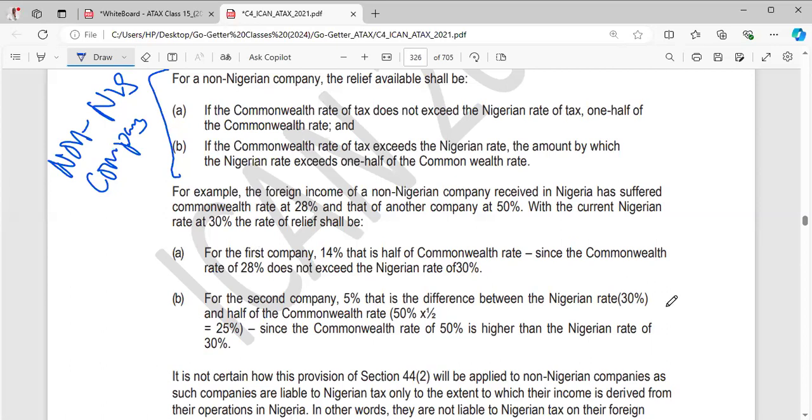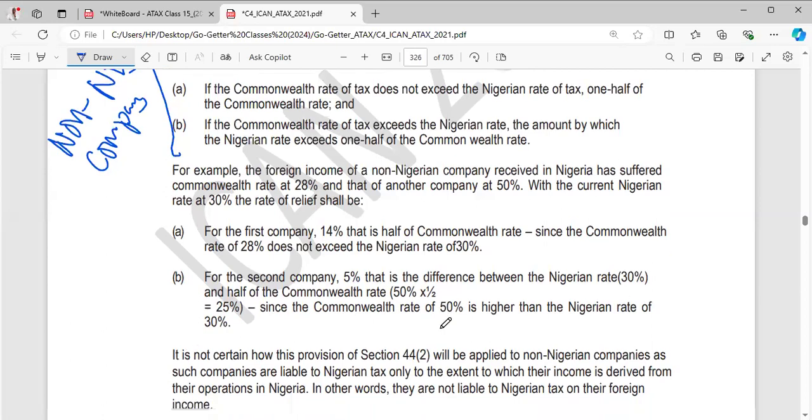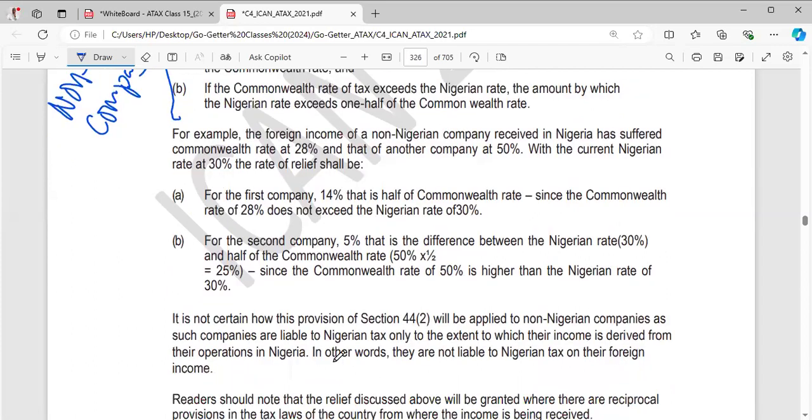So 30 minus 25 gives you 5%. So that is what it's going to be.